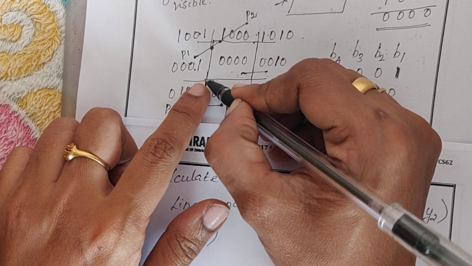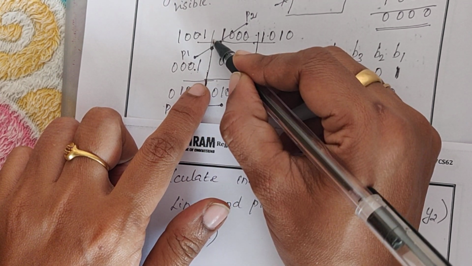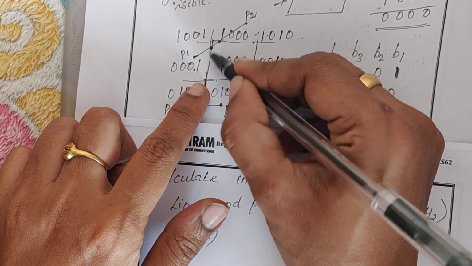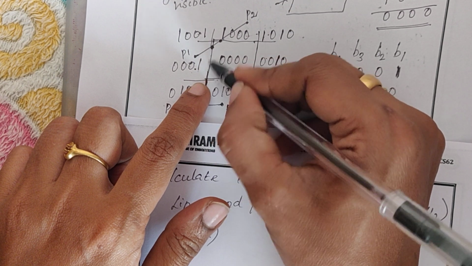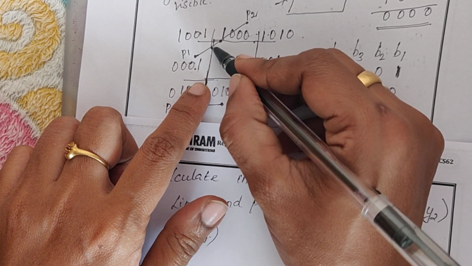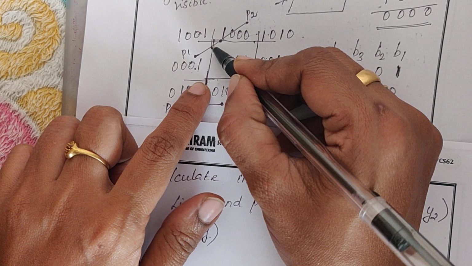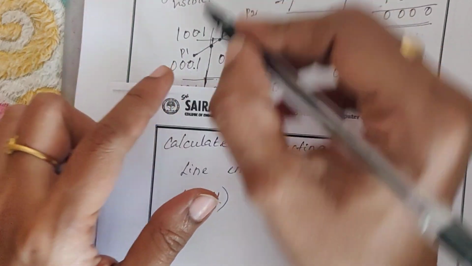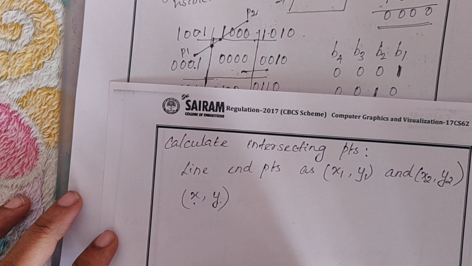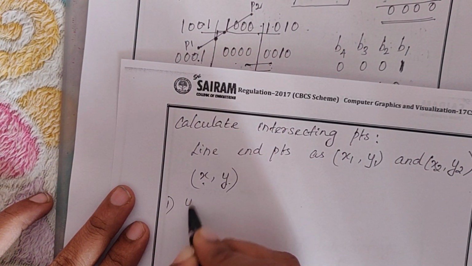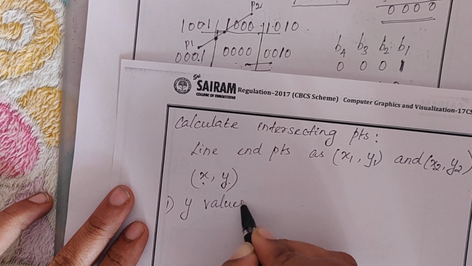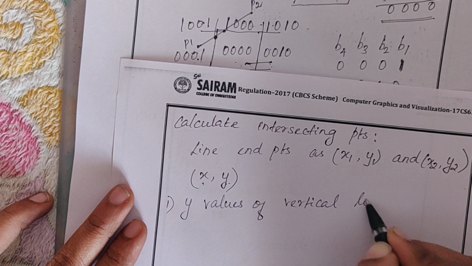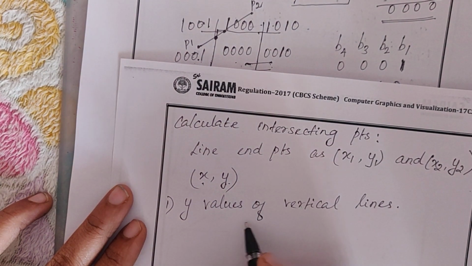The x value remains the same anywhere on this line. I have to find only the y value. Now to find the y value on a vertical line, I'll use my slope formula.